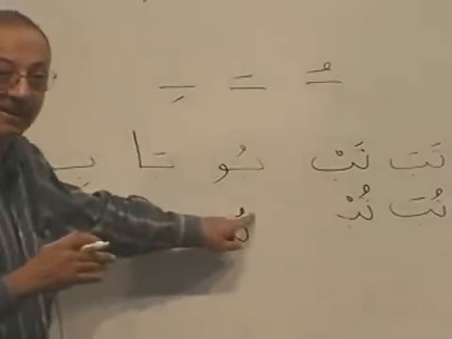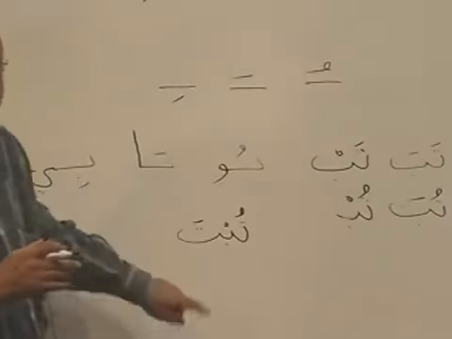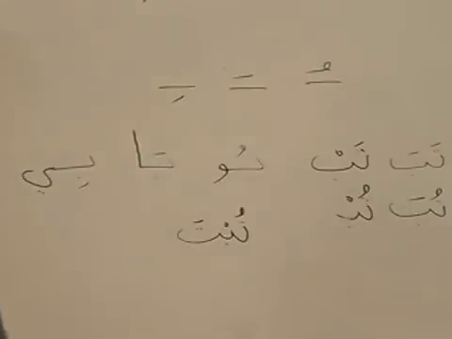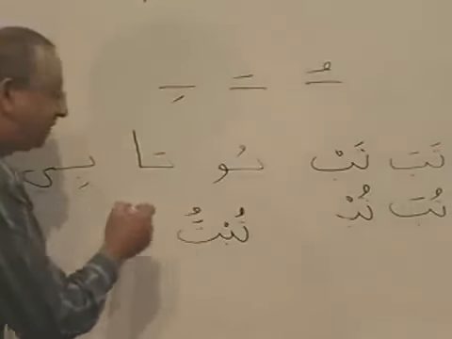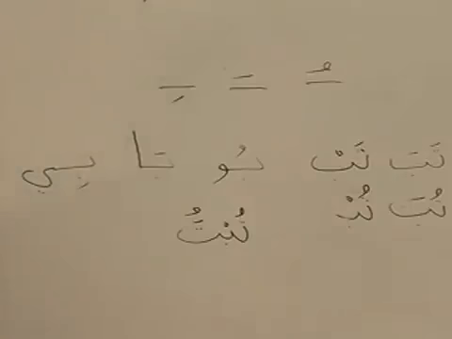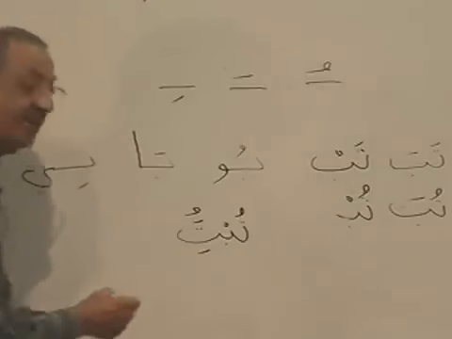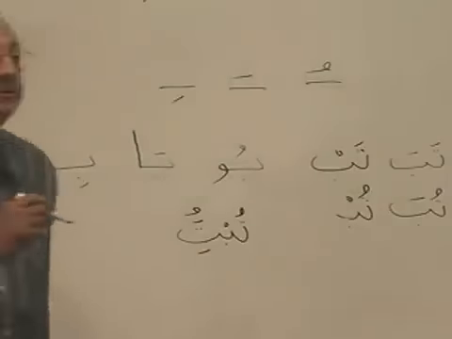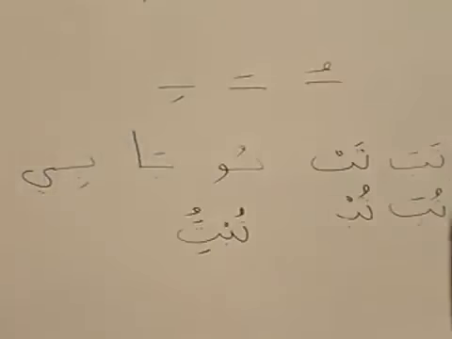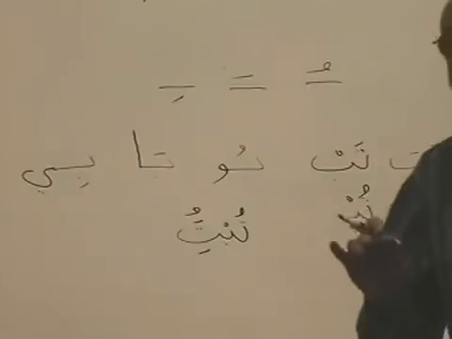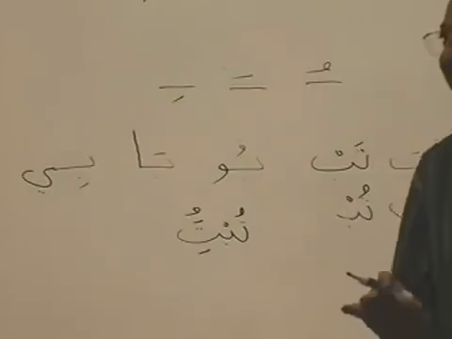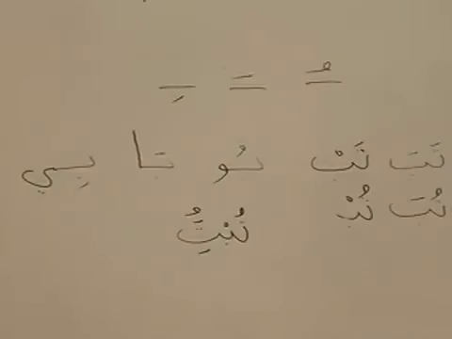And if I put dhamma here, tubtu. If I put kasra here, tubti. So ba has a sukoon. It means it has no vowel sign. Sukoon means there is no vowel sign on the letter. Is it clear, inshallah? Try and remember this, brothers.